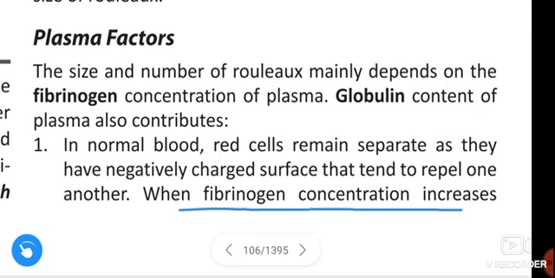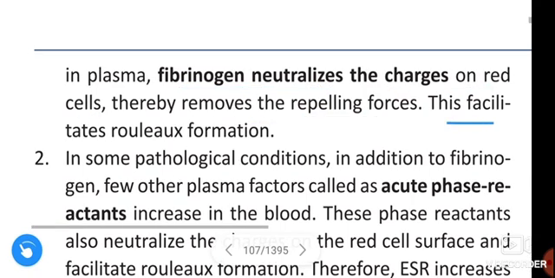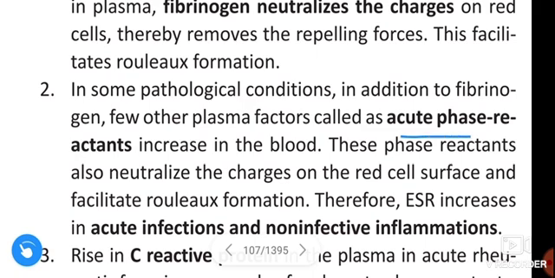When fibrinogen concentration increases in plasma, fibrinogen neutralizes the charges on red cells, thereby removing the repelling forces. This facilitates Rolex formation.